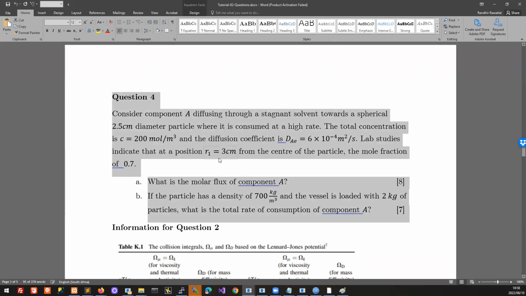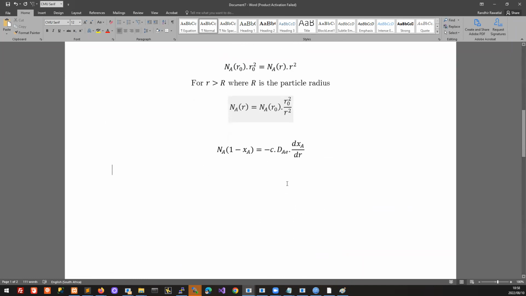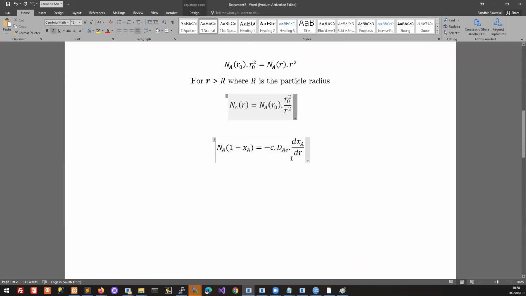And now what we want to do is apply this in our balance here. Right, so we have this balance. So in terms of our flux equation, that's what we have. And so we are going to replace this NA now by this expression.